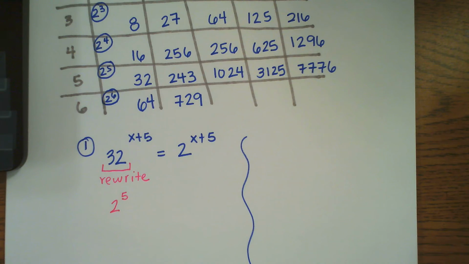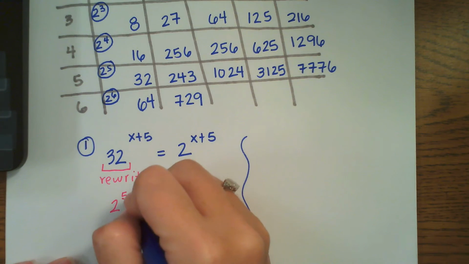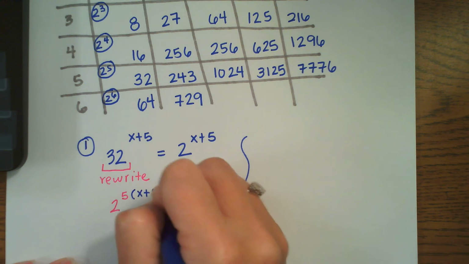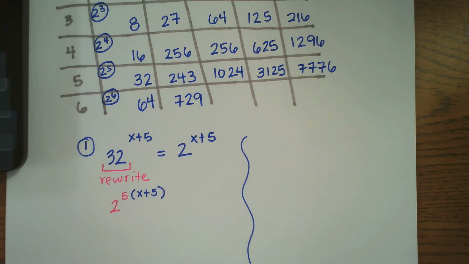I haven't changed the problem. I haven't introduced anything new. I am simply rewriting 32 as a base of 2. And you put it in there.